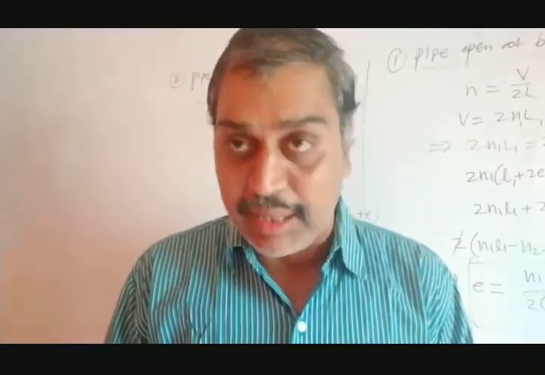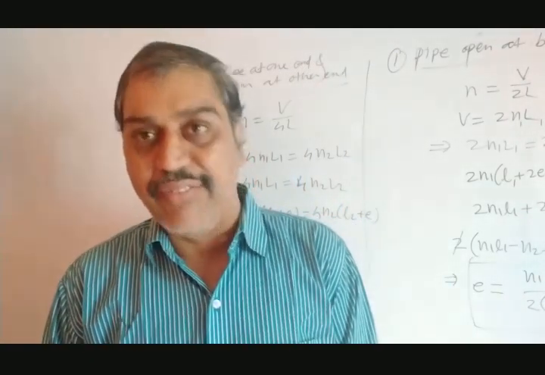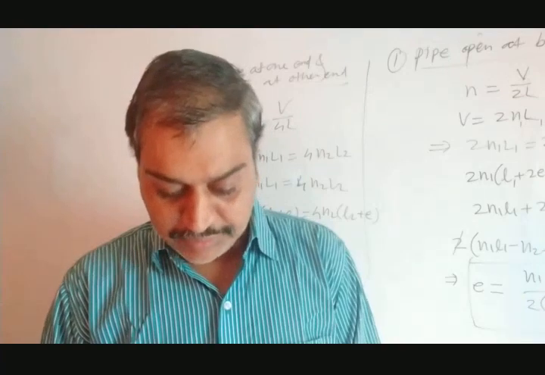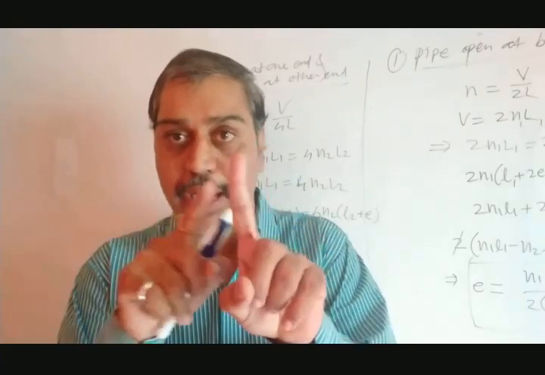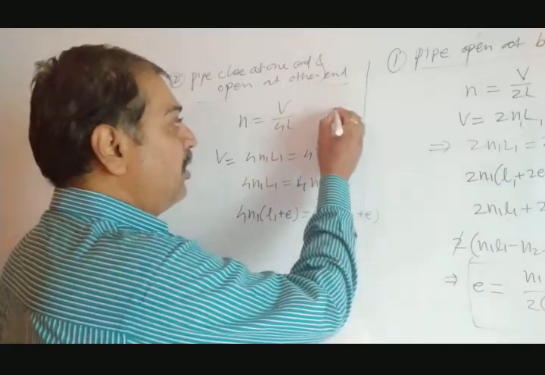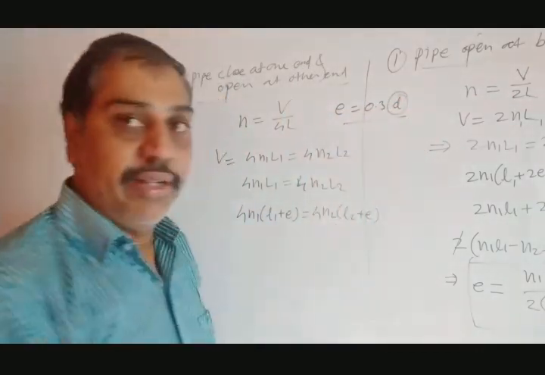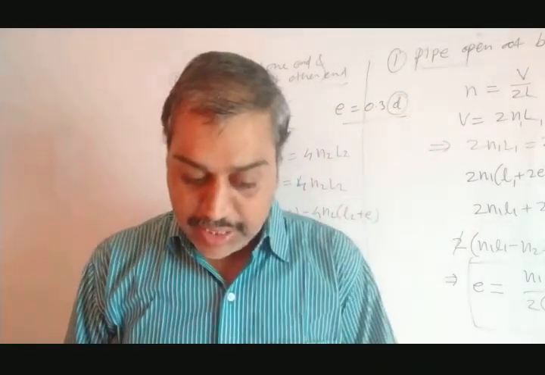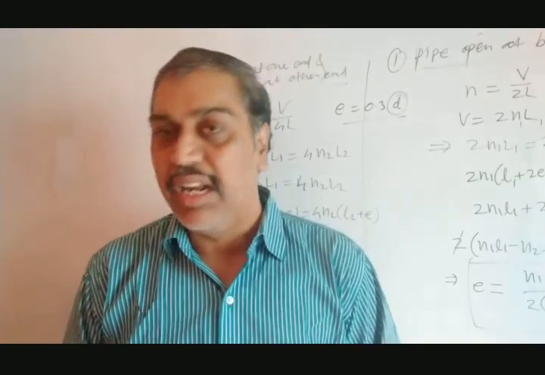Below that, remember this. There is one point. What we have to remember: for the correct value of end correction, the inner diameter of the pipe must be uniform throughout. If you remember, end correction we have written E equal to 0.3 into D. This D is the inner diameter.